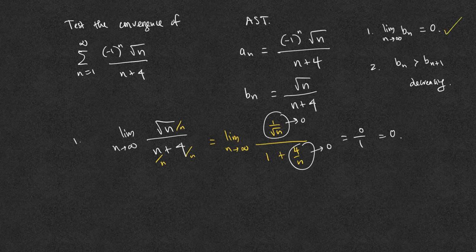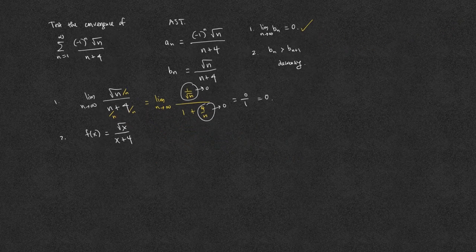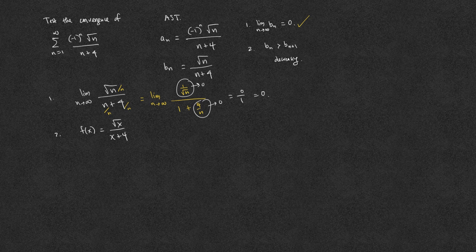For the second condition, we can directly show that the terms are decreasing. We let f of x be the square root of x over x plus 4. We then differentiate f of x, the derivative f prime of x, using the quotient rule. We square the denominator.